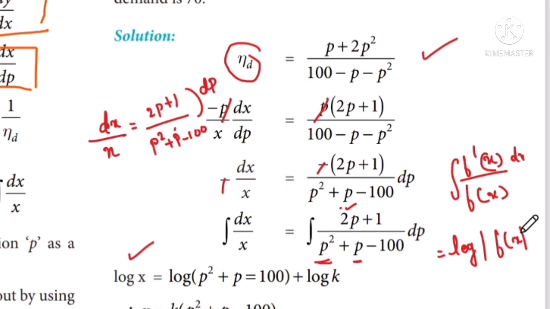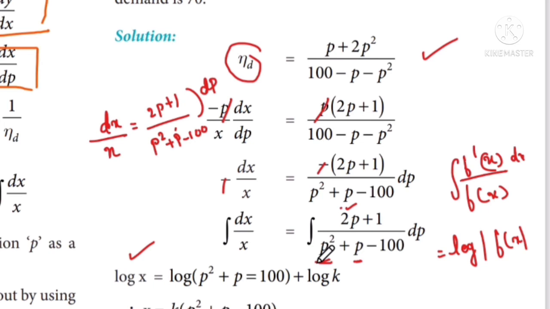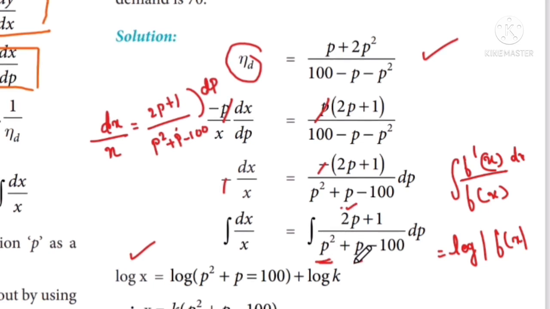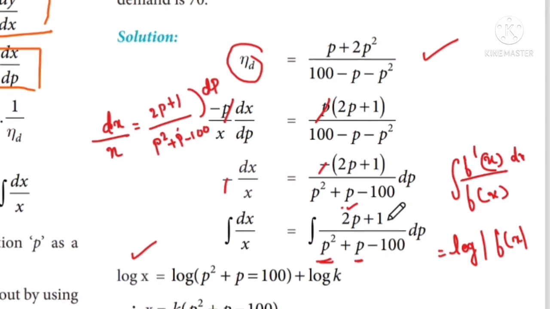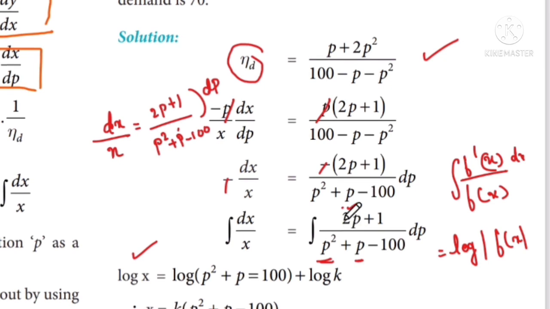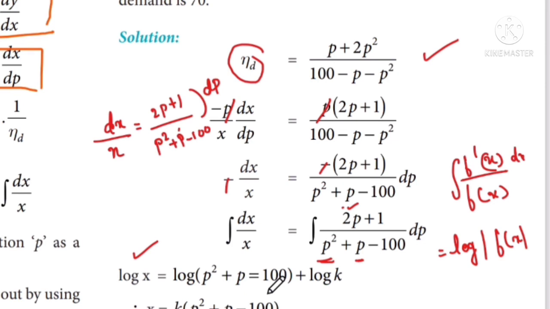Remember that. You can see p square differentiation is 2p, differentiation of p is 1, and differentiation of 100 is 0, since differentiation of a constant is 0. So you have the differentiation of the denominator in the numerator, so the integral of this will be log of the denominator.